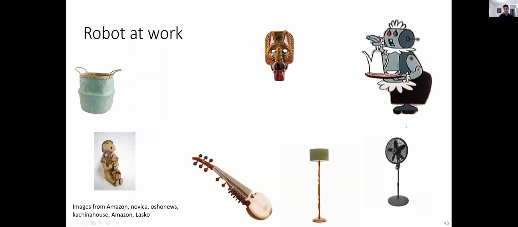So that's what we want to do. We want the robot to learn how to understand novel concepts and learn novel skills on novel objects. And we think that our pipeline is along the way of getting there, but clearly it needs more improvements.